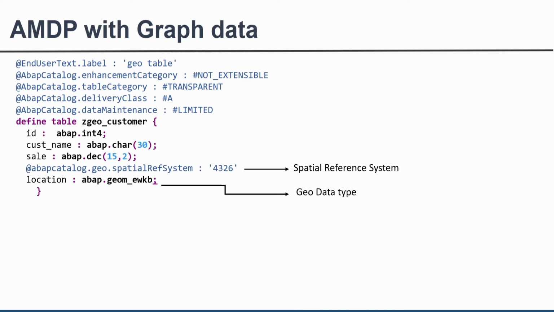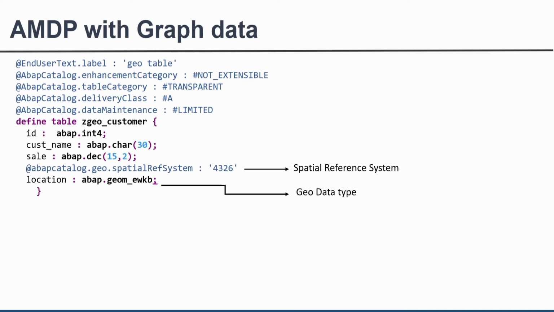Similar to that, when you create a geo data type field, you have to give a reference to a spatial reference system. What is the meaning of this? This means how you are going to calculate the distance between two places: whether you consider it a flat earth or a round earth, or what kind of system you use to calculate the distance between two places.